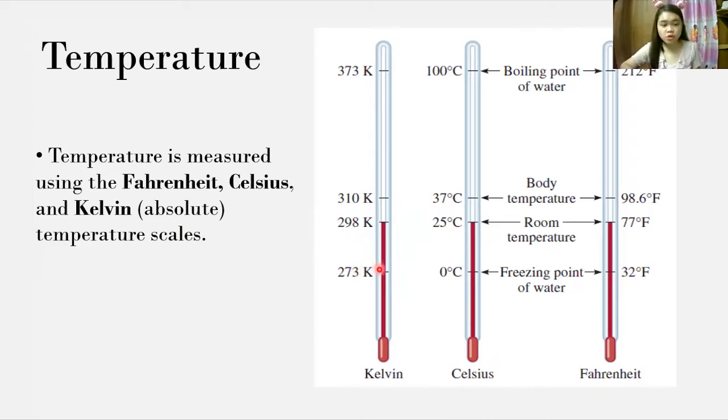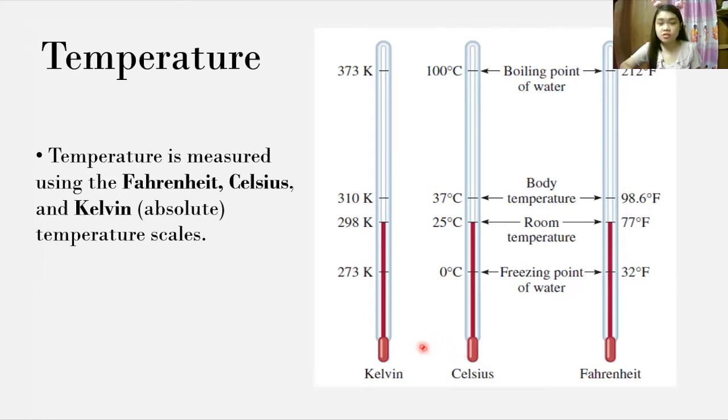And then the abbreviation of Celsius is degree Celsius, and the size of 1 Celsius degree is the same as 1 Kelvin. Usually the conversion of the readings from Celsius to Kelvin is simple, since the two scales are simply offset by 273.15 Kelvin.